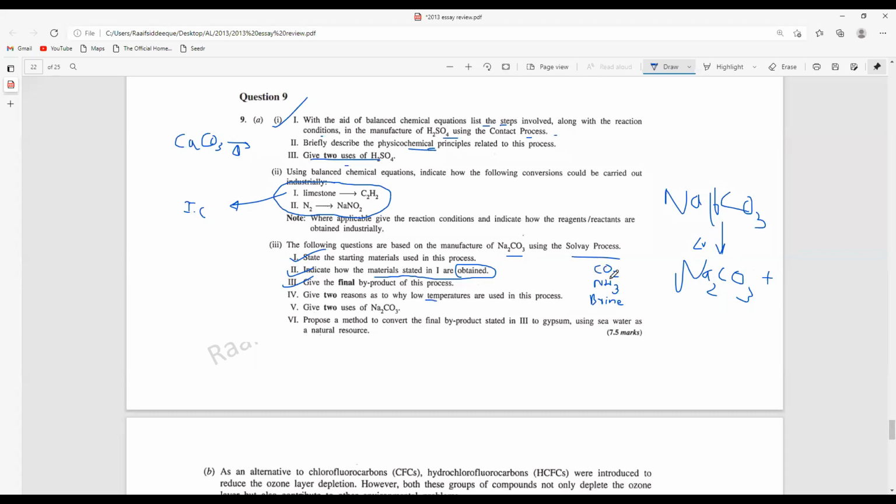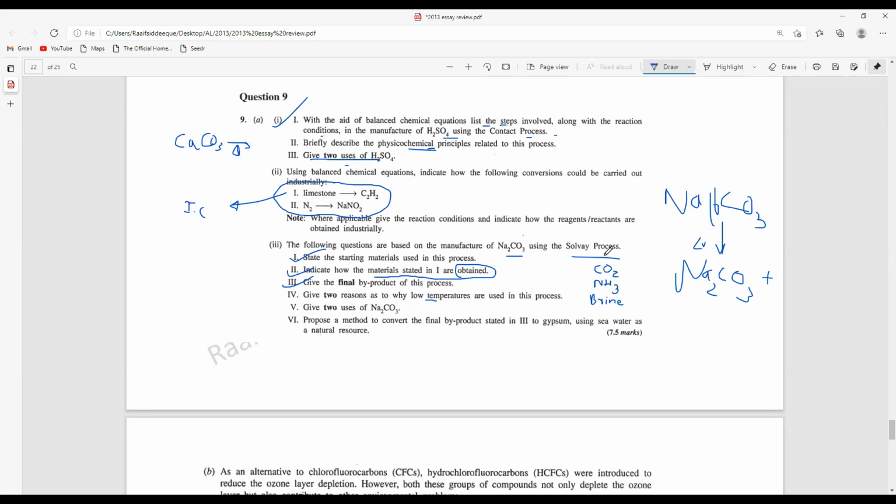So here you see we use this carbon dioxide, right? That is one. And here we need to precipitate out this sodium bicarbonate. That is the second one. If you use low temperature, it facilitates the dissolving of this carbon dioxide in the solution, because at high temperature it likes to get into the vapor state.